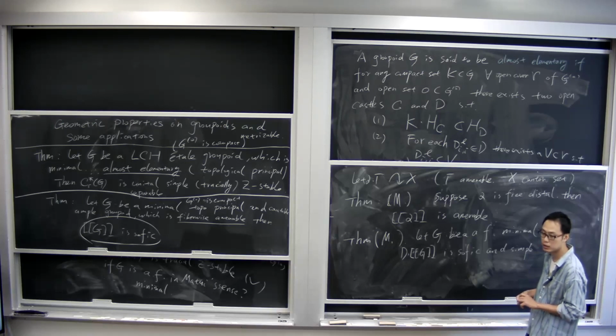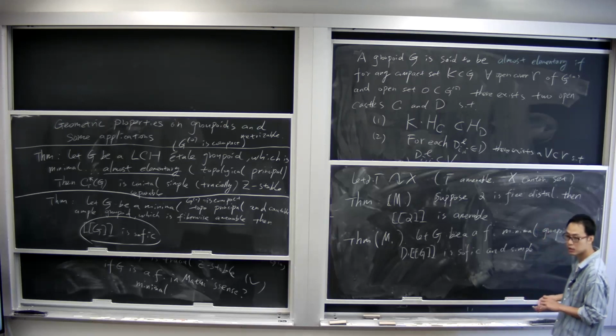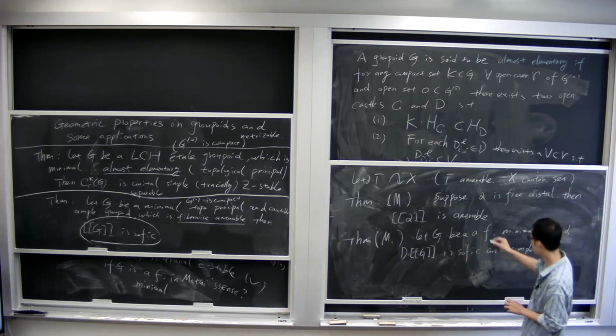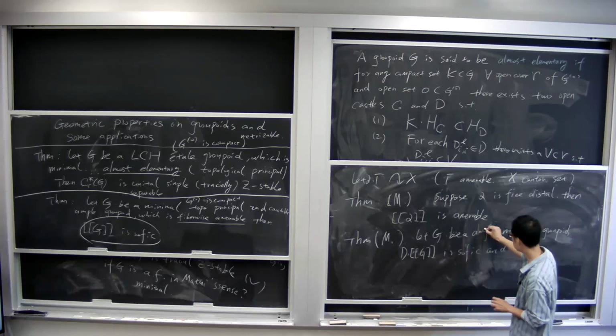I suppose that's a property of an action of a group on a set. And if you have a groupoid, I suppose it makes sense to say the groupoid is transitive. But my point is that if you say it's a finite minimal groupoid, it seems to me that's just another way to say it's transitive.